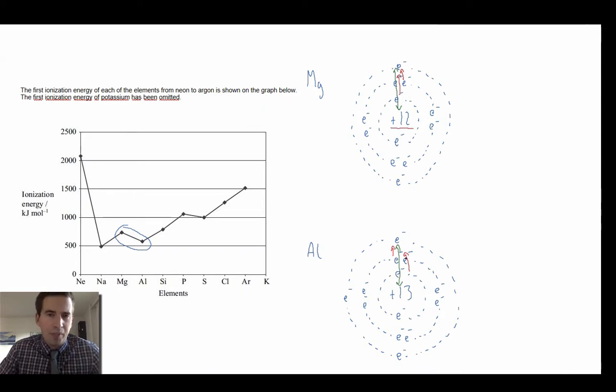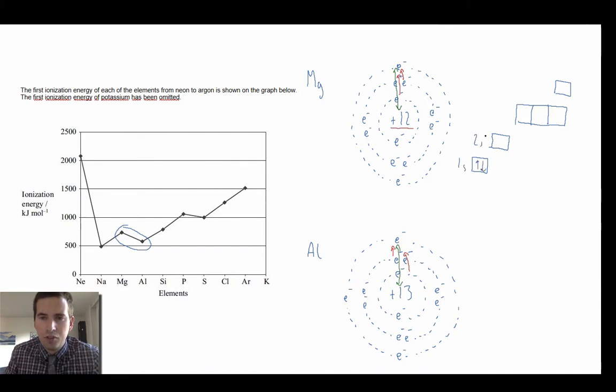Now, we can't explain this just using our simplified GCSE diagrams, so we are going to have to incorporate information we've already done so far in this course. So if I just fill in the orbital diagrams for magnesium, we have 1s2, 2s2, 2p6, and 3s2.